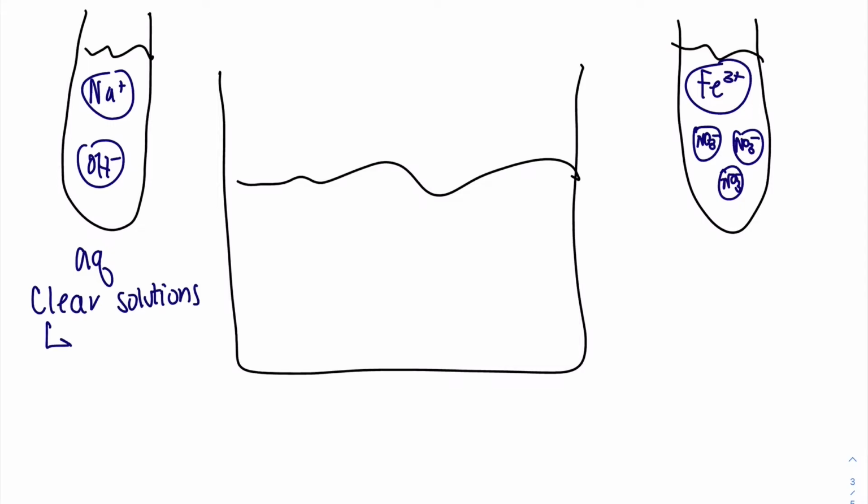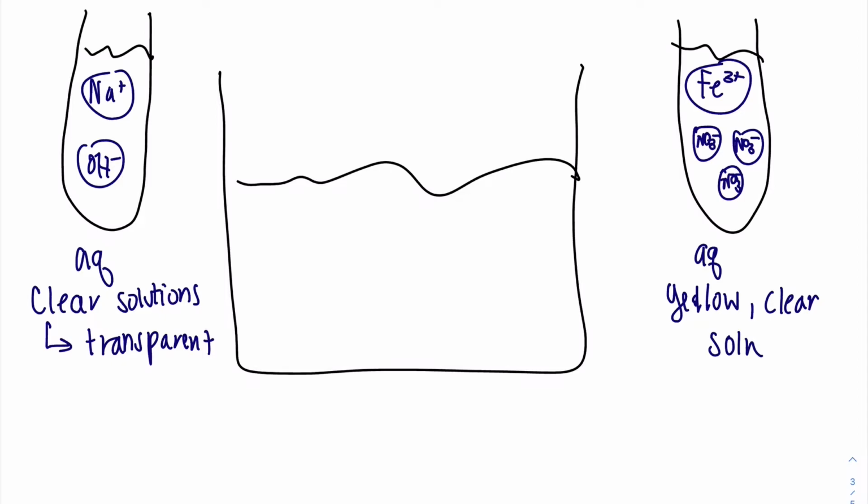I mean, they're transparent. That's what clear means. See-through. Ferric nitrate was also aqueous, but you saw this was a yellow solution. A yellow, clear solution. Transparent, meaning there's no salt in there, but it had color from the iron.